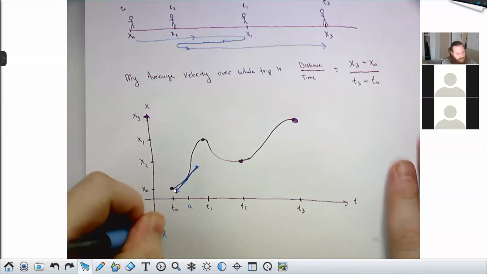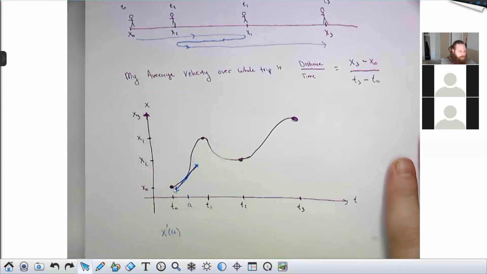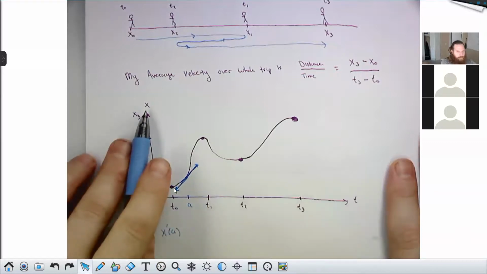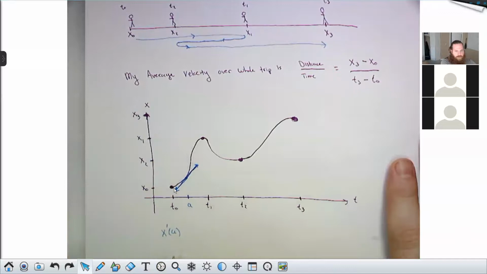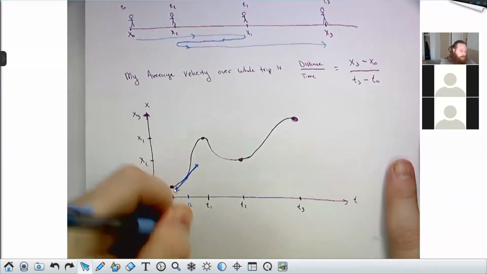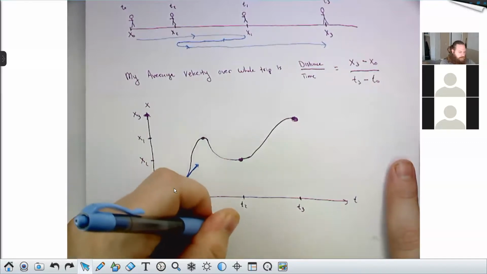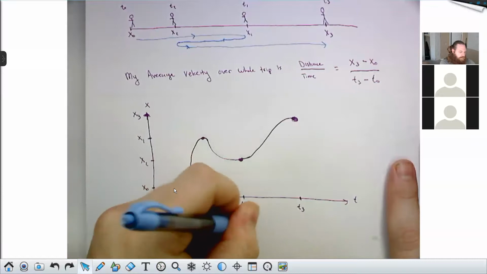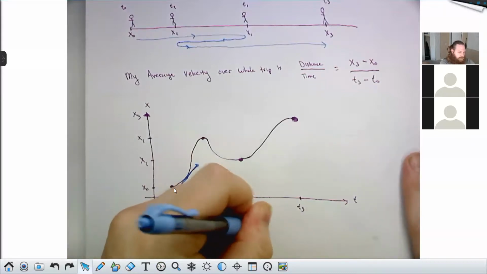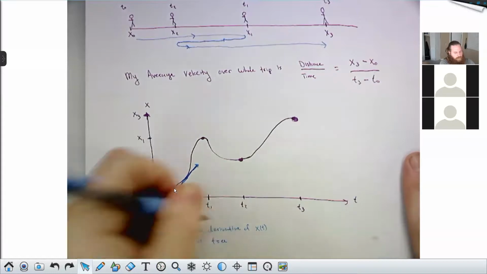We call it x primed of A, because my function here is x, and the input is t. So my output, the thing that we normally call f, here we're calling x, the standard notation in physics, which is the derivative of x of t at t equals a.